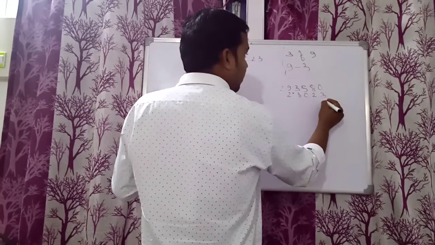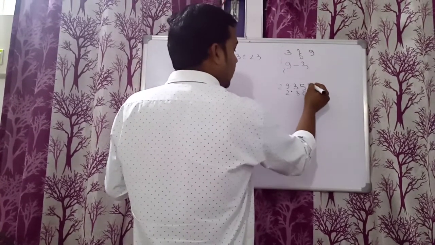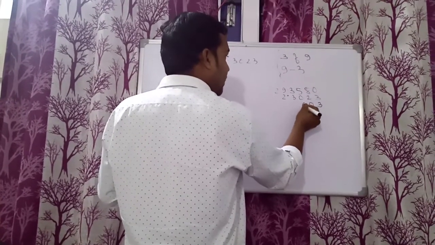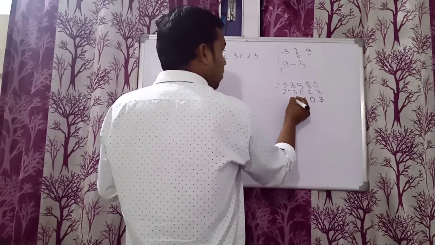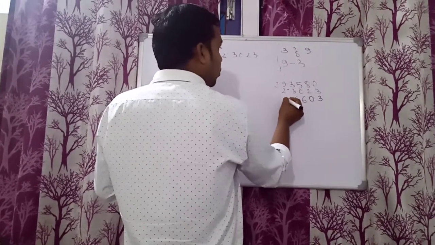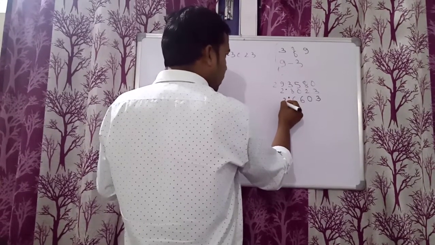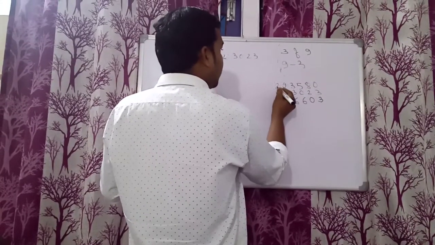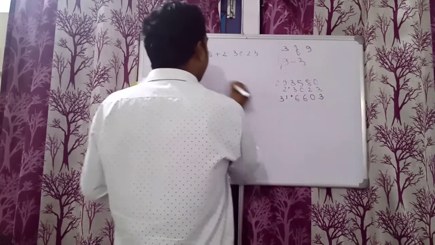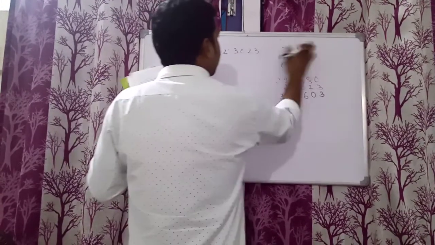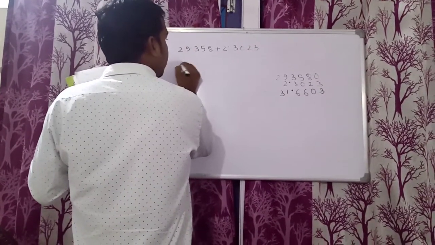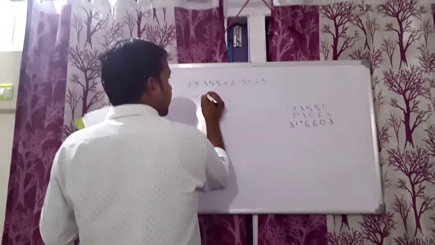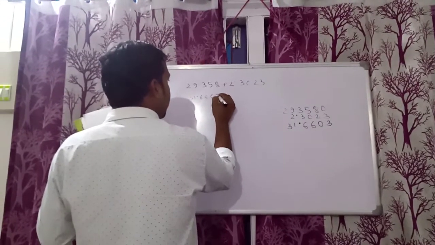Then 3 plus 0 is equal 3, then 8 plus 2 is equal 10, then 1 is left, 5 plus 1 becomes 6, 3 plus 3 is 6, put point here, 9 plus 2 is 11, here no more left, 11, then 1 is left, 2 plus 1 is 3, equal 31.6603.